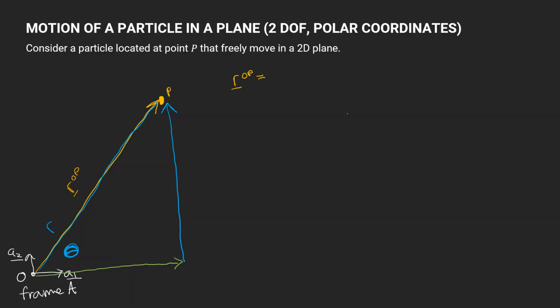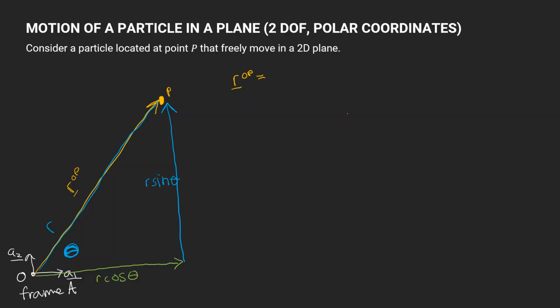And so that means instead of being able to write simply X or Y, we now have to write the magnitude of each of these components using the variables R and theta. So it's actually not that difficult. We can write the magnitude of this component in the A1 direction as R cosine theta, and we can write the magnitude of this component in the A2 direction as R sine theta.